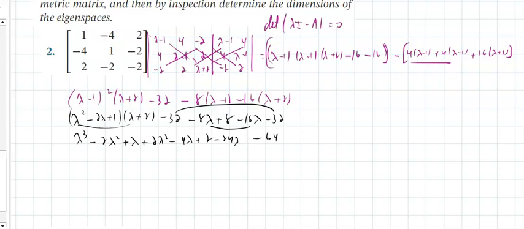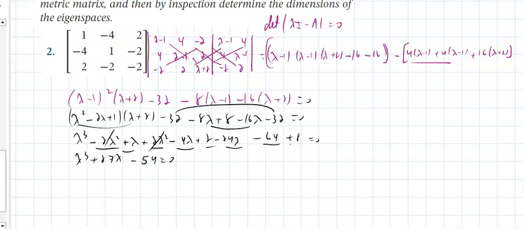Oh, there's an 8. Oh, that's going to be lambda cubed and those cancel out. I have negative 24, negative 28 plus 27 lambda, and we have negative 64 plus 10 minus 54 equal to 0.